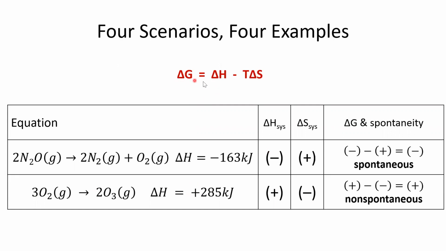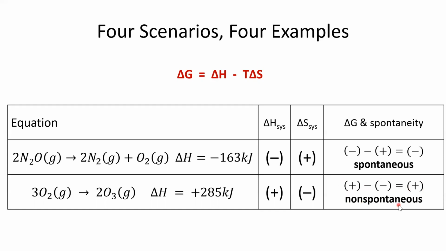So if we were to look at Gibbs free energy, if this value is positive and delta S, this value is negative, subtracting a negative is the same thing as adding a positive. So a positive delta H subtracting a negative delta S will always give us a positive delta G. So this process will never be spontaneous.